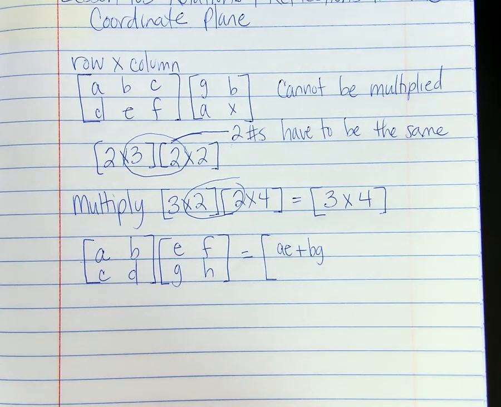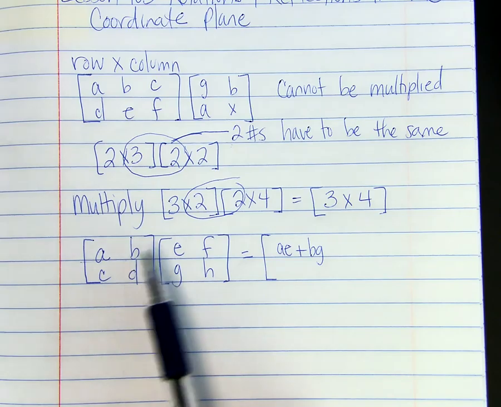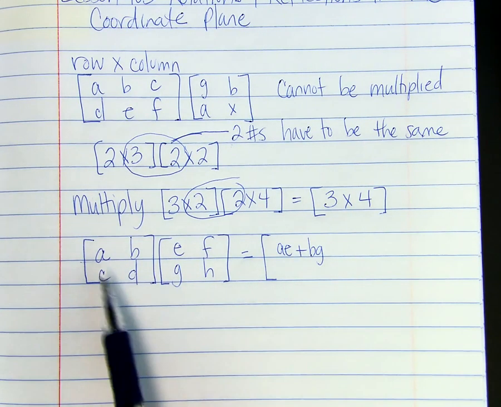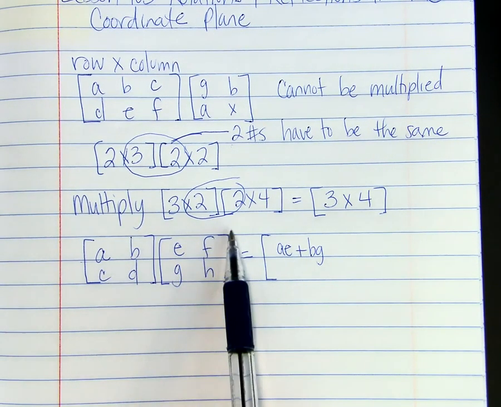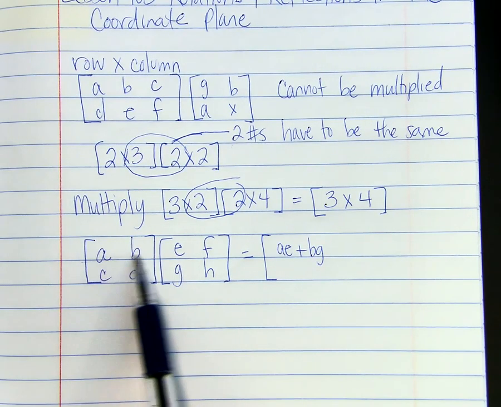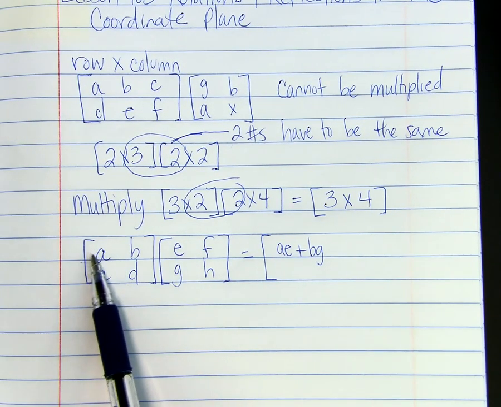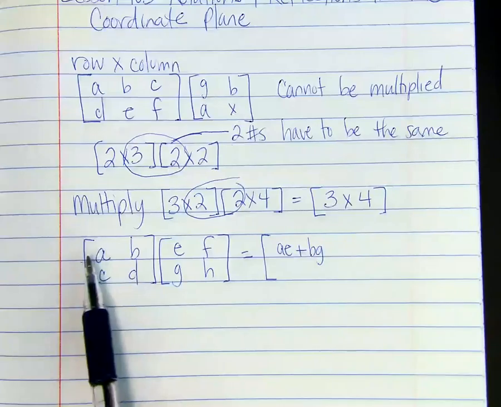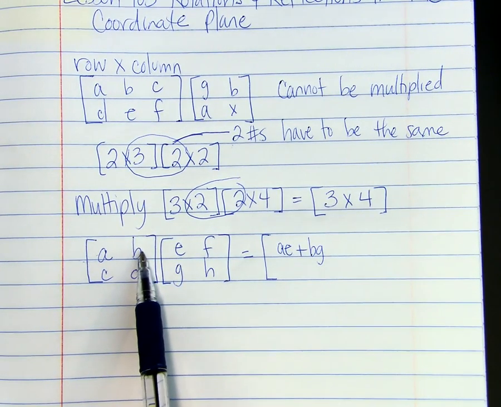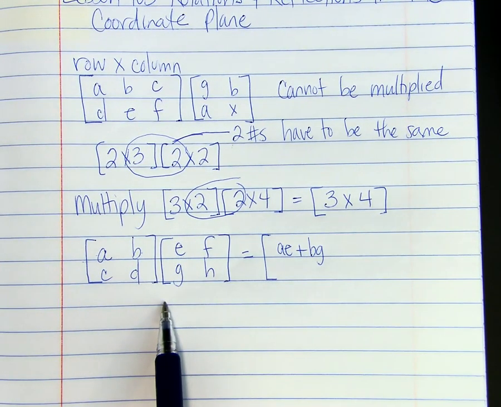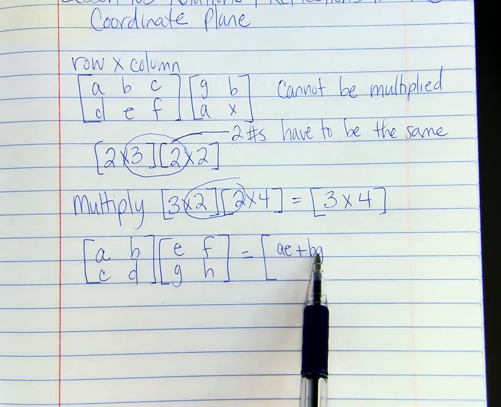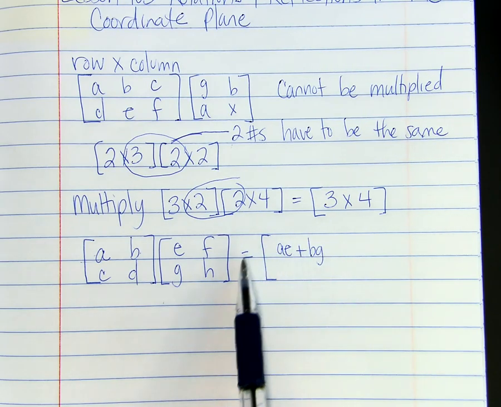Then, do you multiply B and F and then add E and H? No, because you go across and down. So you always go across and down. First row times the first column gives me my first row, first column element.